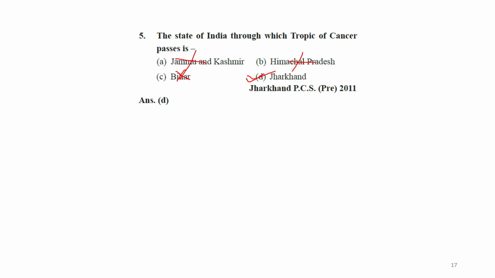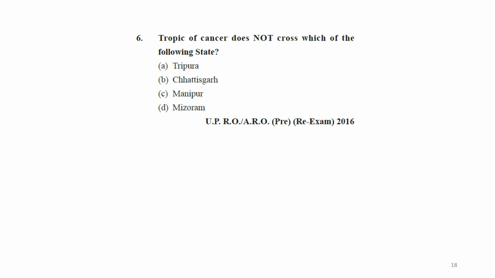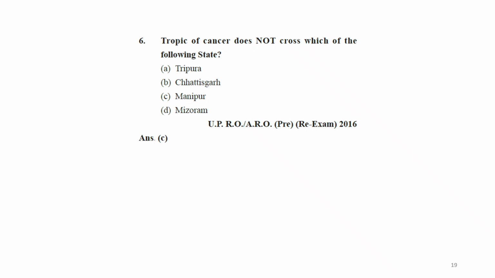Even if you don't know which states it is passing through, as long as you know it is passing through the center, you can still answer. Next, the Tropic of Cancer does not cross which of the following states? Tripura, Chhattisgarh, Mizoram, Manipur. So obviously it is Manipur where it is not passing.